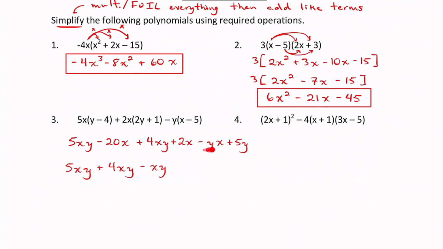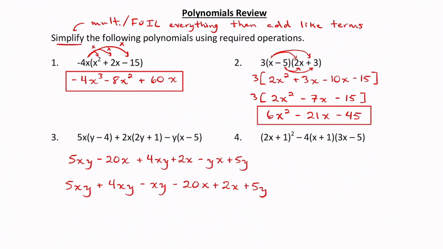Okay, so with this one, I wrote it, but I changed the order of the multiplication. All that we have left now is this 20x, that can go together with this 2x, and then we have the 5y. Now we can group these 3 together and these 2 together.